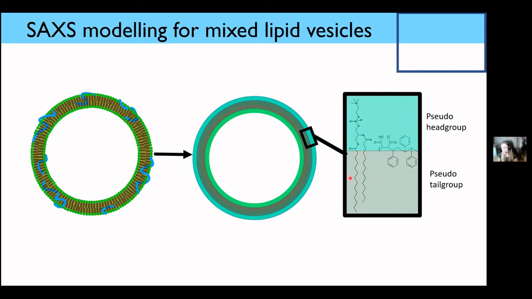And for the tail group, we calculate it as the tail group electron density plus the electron density from a fraction of styrene units. Now we also allowed in the model for styrene units to be in the head group, but in all the fits, they all wanted to be inserted into the tail group region. So essentially they are all in the tail group region.